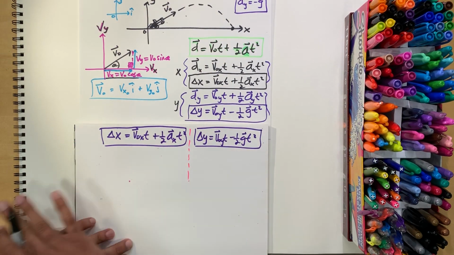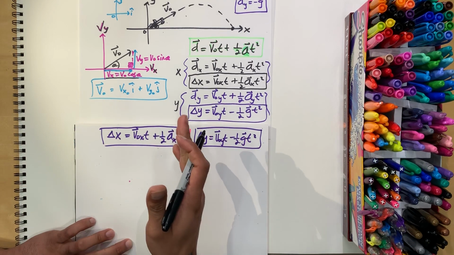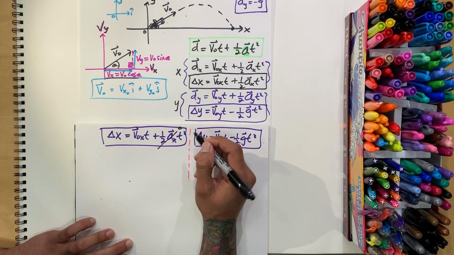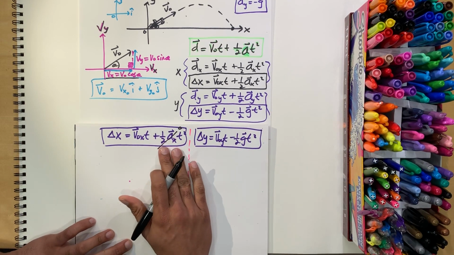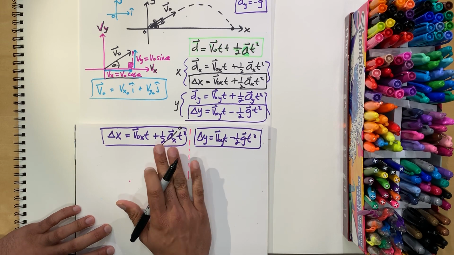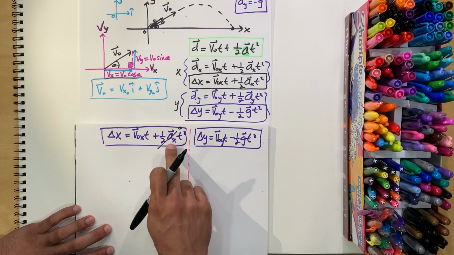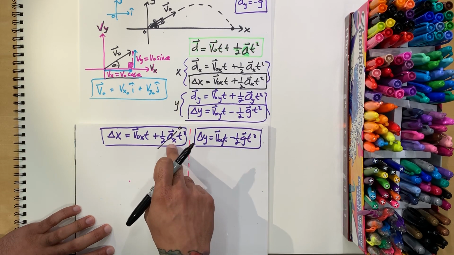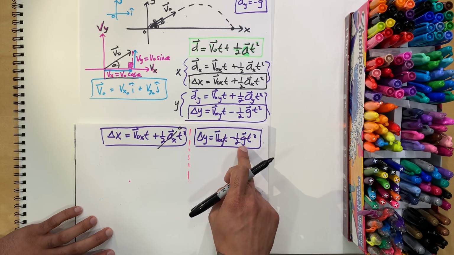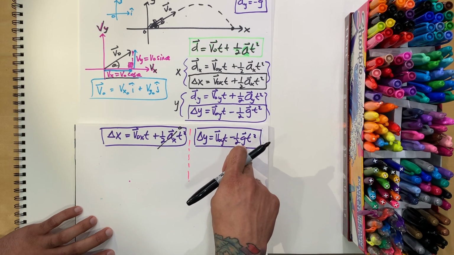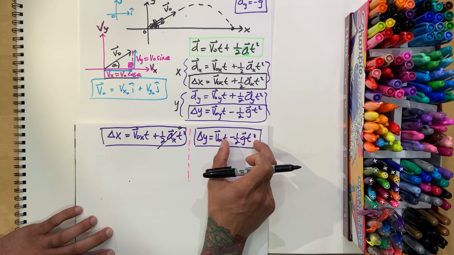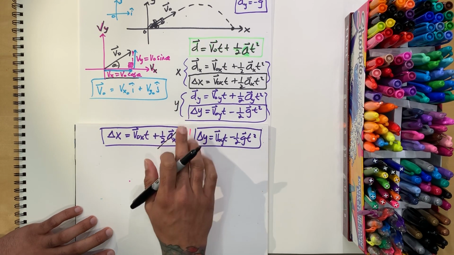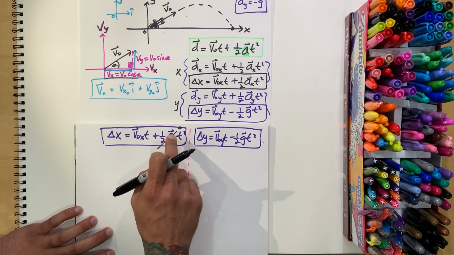Unless that's happening, which is usually not the case, especially for physics 1, then acceleration in the x is always 0. So always be on the lookout. Unless they say acceleration in the x is a certain value, this is 0. Just like we did, acceleration in the y is negative g. That's always the case, always. This one, most of the time it's 0. Very rarely they'll give you a number. So just watch out for that.